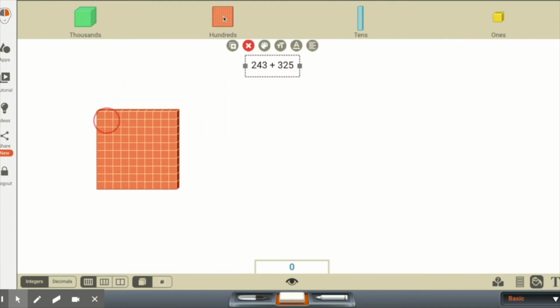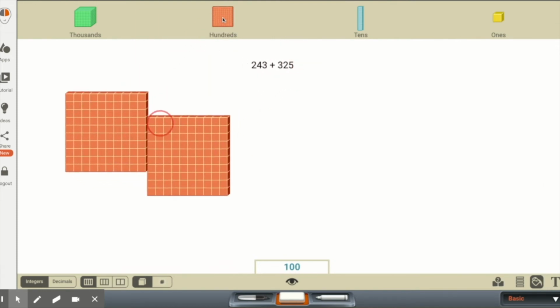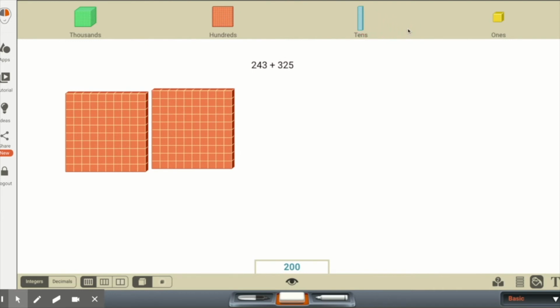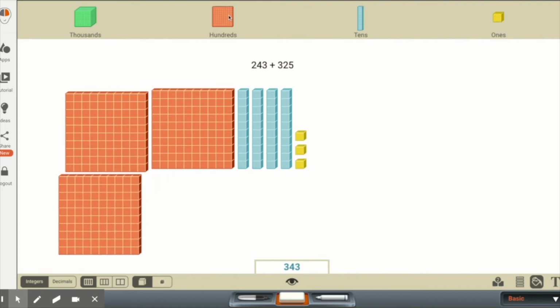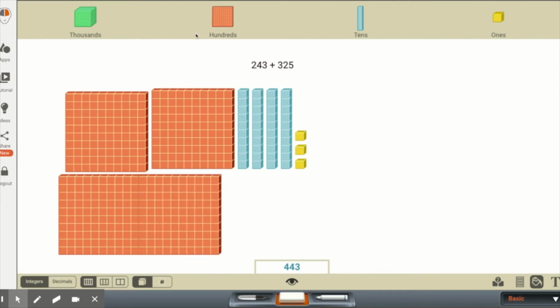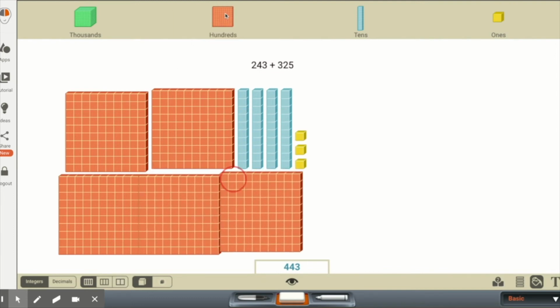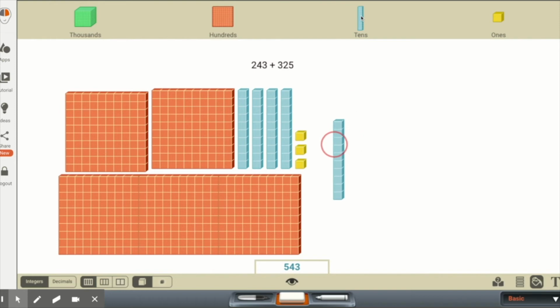We literally can make 243, and then if we wanted to do 325 down here, we can move these down. The cool thing with this is it really gives your students an opportunity to check their work, because down here at the bottom, it'll tell the total.